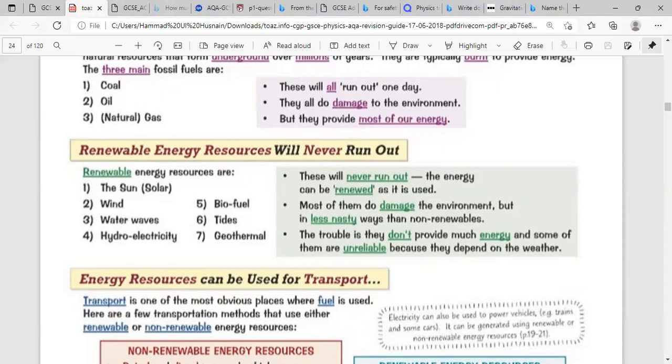The trouble is that they don't provide much energy, and some of them are unreliable because they depend on the weather. Giving an example of a solar cell, in Pakistan, I don't know about the UK, most of our household electricity is being generated from solar panels.